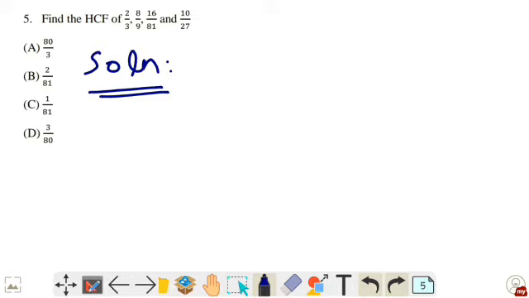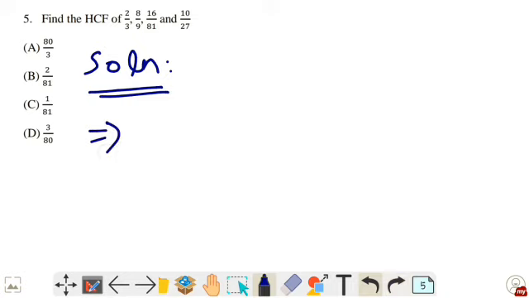Number 5. Find the HCF of 2 by 3, 8 by 9, 16 by 81 and 10 by 27. Solution: here one formula is available to solve this sum.